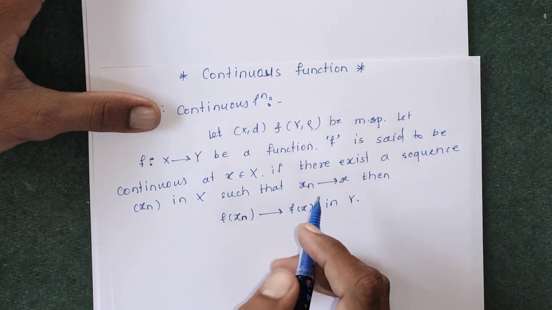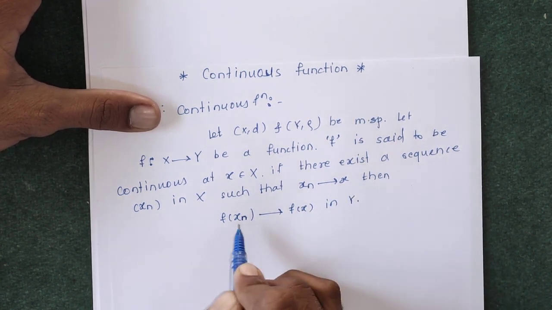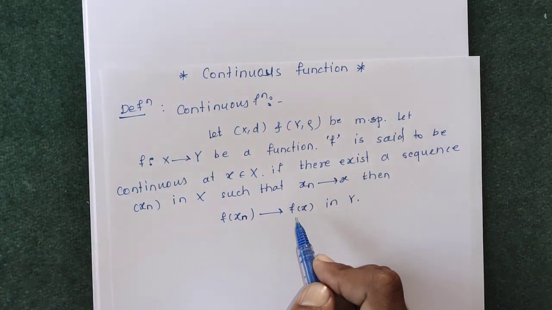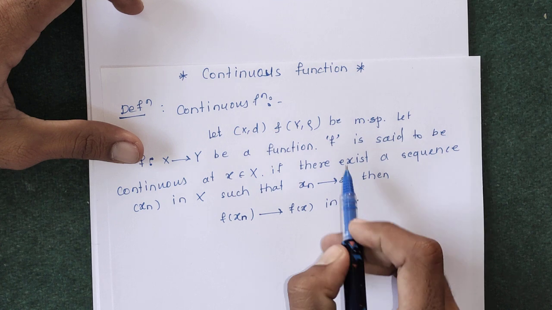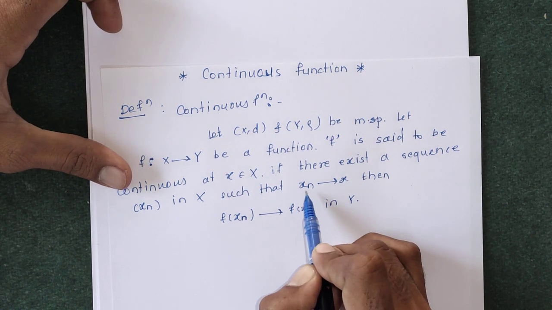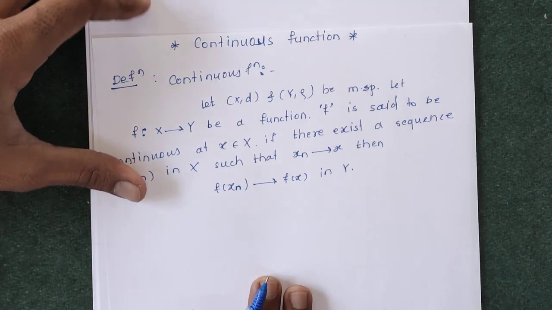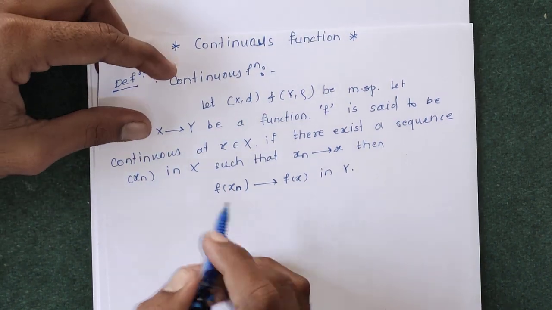Here x_n converges to x, y_n converges to y, and we know from the previous chapter that convergence means for epsilon positive there exists delta positive such that the distance between these two is less than epsilon. Similarly, the distance between these two is less than epsilon. So these are the definitions of convergence.